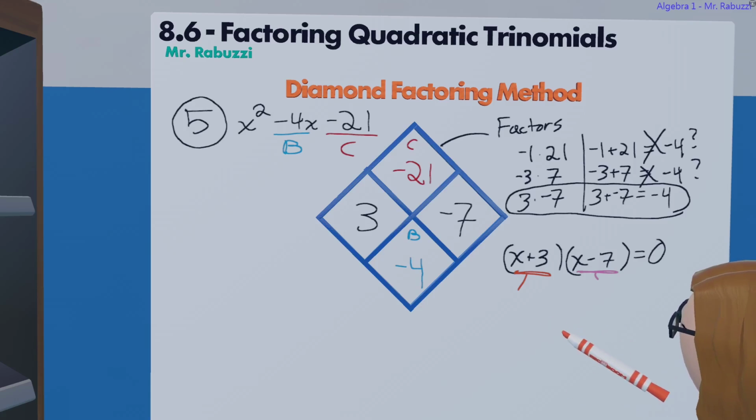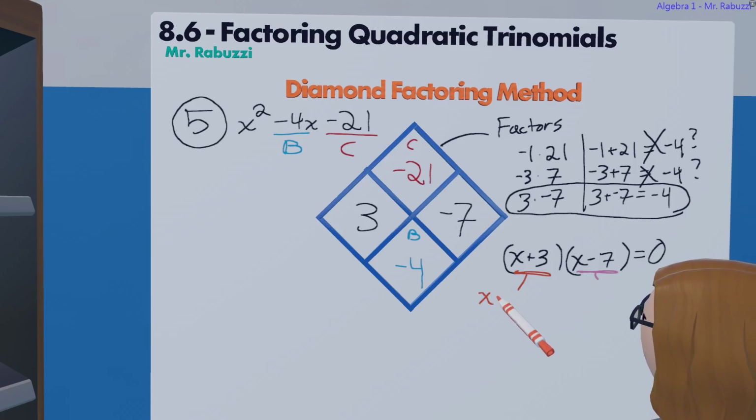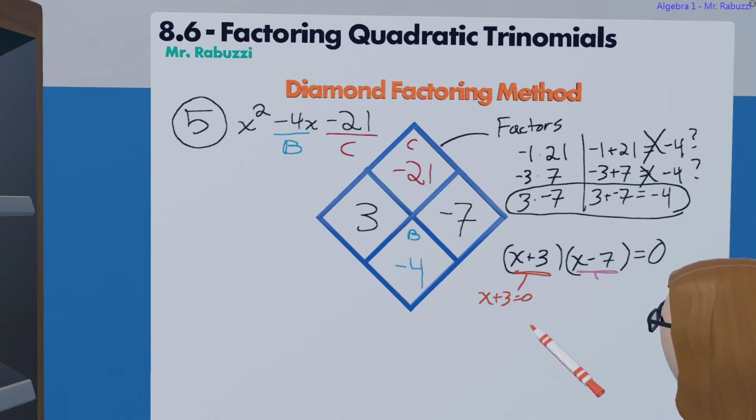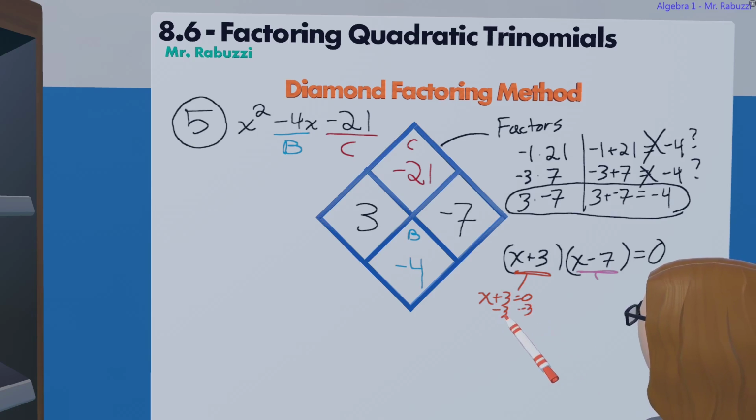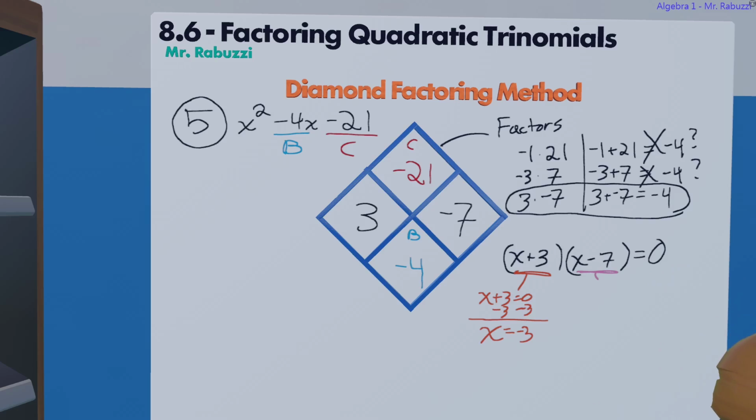And we can set them up. X plus 3 equals 0. So we solve it: -3, -3, not double minus. X equals -3. Okay.